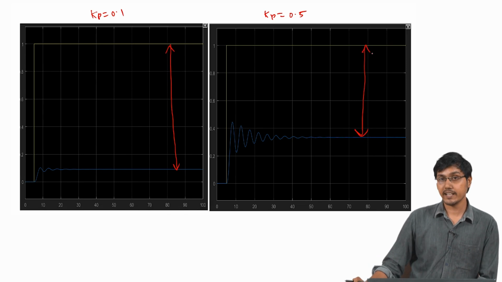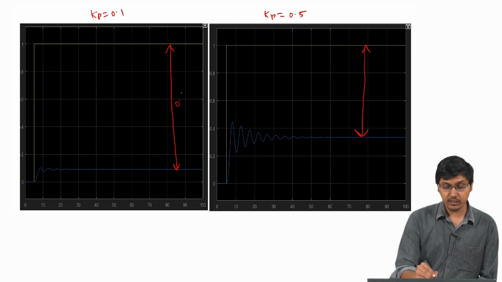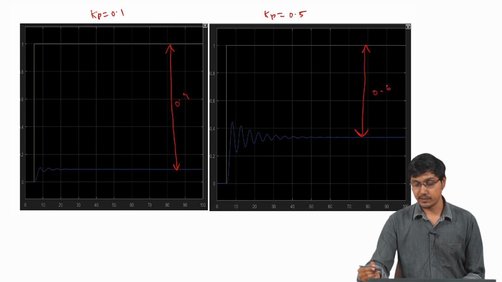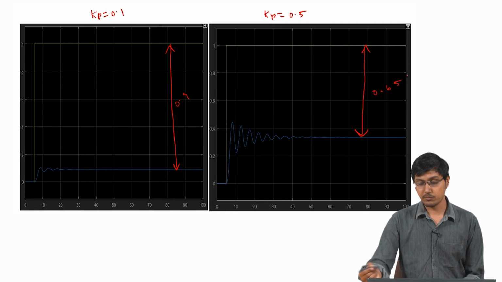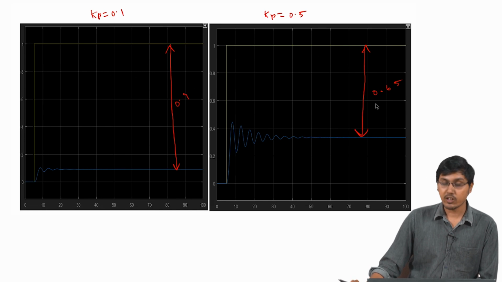Increasing the proportional gain has decreased the offset. This is around 0.9 approximately, and this is something around 0.6, 0.65 or maybe lesser than that, but qualitatively what we have to understand is that increasing the proportional gain has decreased the offset.